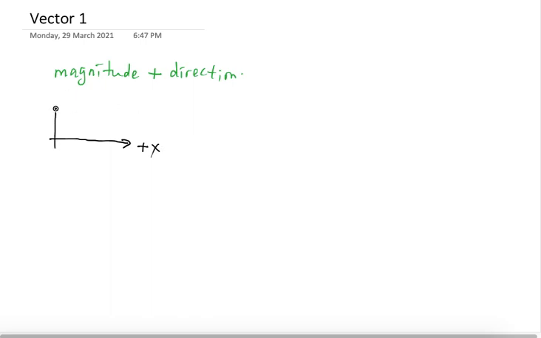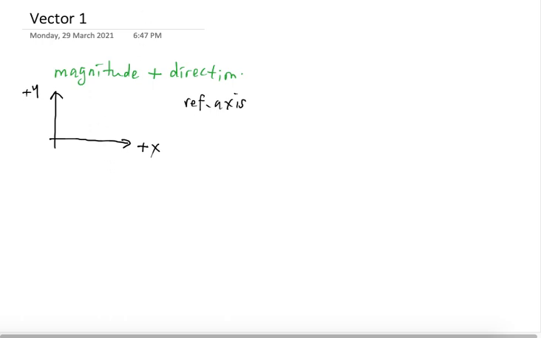And if you have something in this direction, this represents the positive y-axis. If something goes below here, that is negative y. And if the arrow of a vector shows you to the left, that would be your negative x-axis. So this is the reference axis.